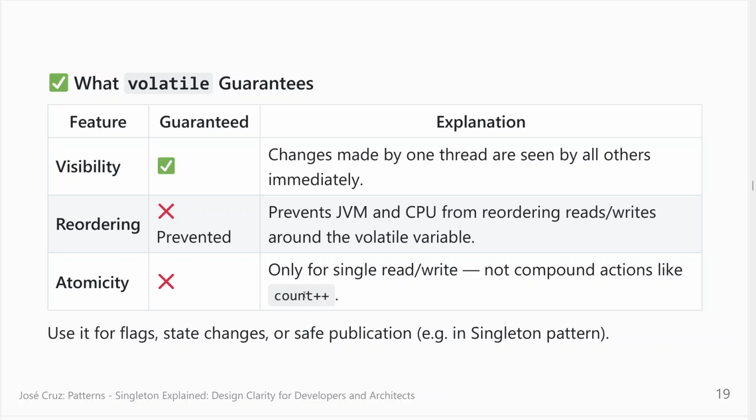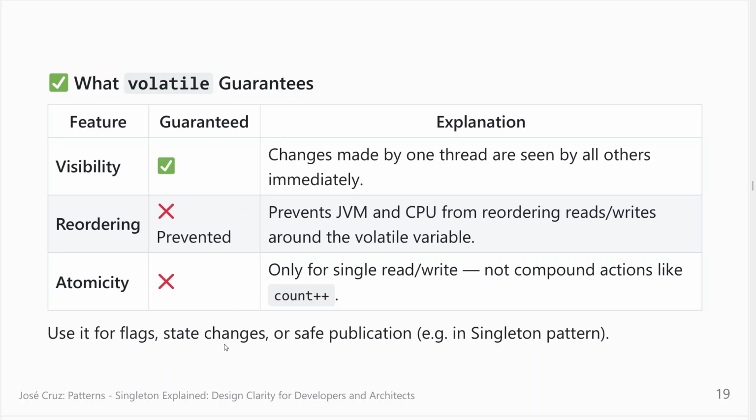It would be if it was count equals 7. In that case, we can guarantee atomicity with volatile. But this is not atomic because there is more than one operation here: a sum and an assignment. It's two different operations. So usually volatile is used when we want to set values or read values, not for operations on them. For that, you need to synchronize.